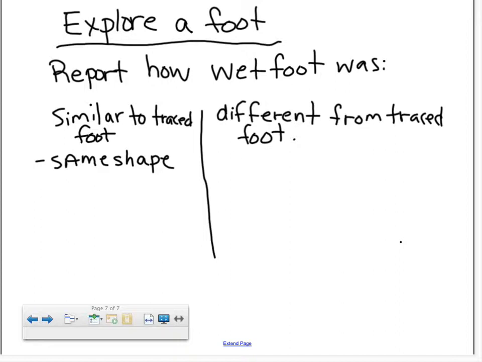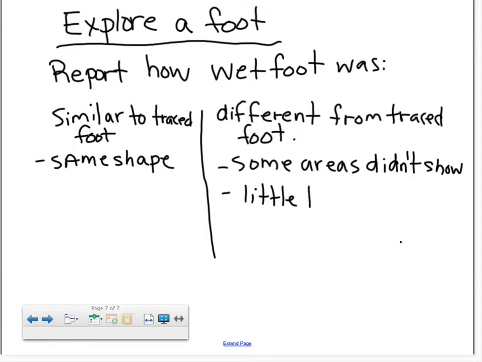Some areas were not all the way there. Some areas didn't show. What about in that one section where it kind of overlapped? The foot was a little bit larger in some areas.